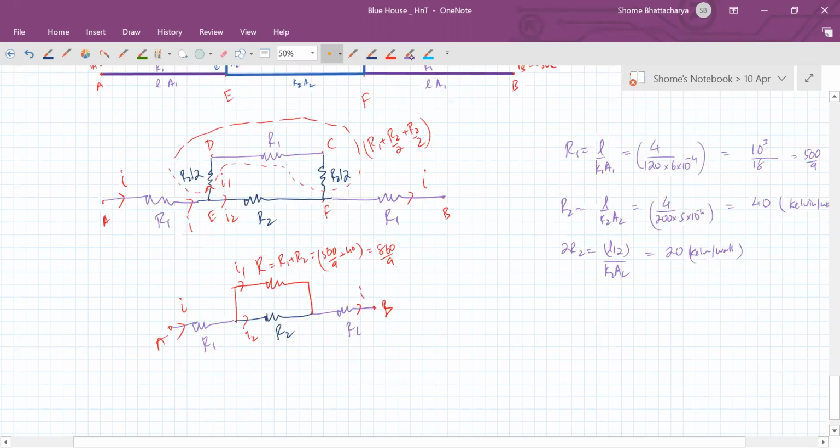Okay, so next step we will take parallel combination of these two. So this becomes equivalent to, let's say, R prime, which is R in parallel with R2. So that will become, calculate that value.